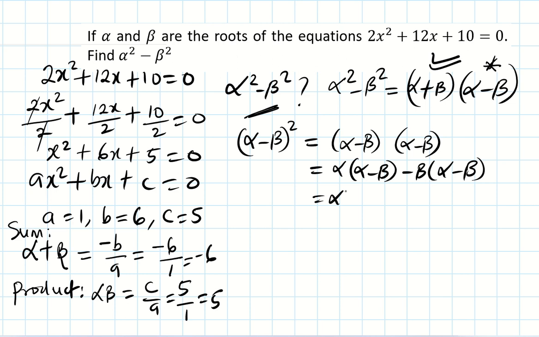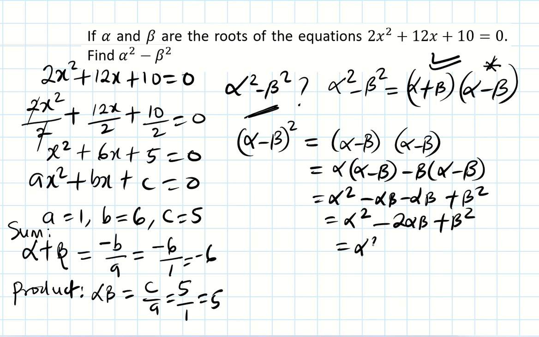Now this gives us alpha squared minus alpha beta minus alpha beta plus beta squared. Then this gives us alpha squared minus 2 alpha beta plus beta squared. This is equal to alpha squared plus beta squared minus 2 alpha beta.